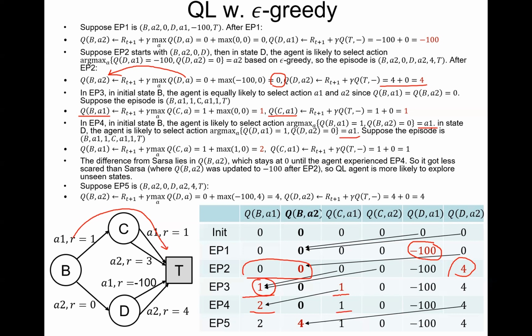The difference from Sarsa lies in QBA2, which stays at 0 until the agent experiences episode 5.